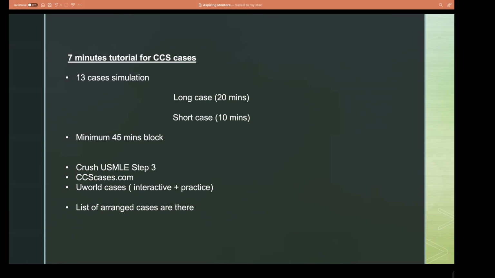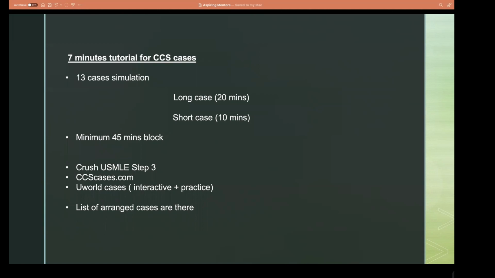Over there, if you are messing up a case, the patient will go home and will not come back to your office. It doesn't matter how many times you call him to come back, the patient will not come back in the real exam. So you need to practice 2 to 3 times on that website, and then you can know how the website will work in the real exam.